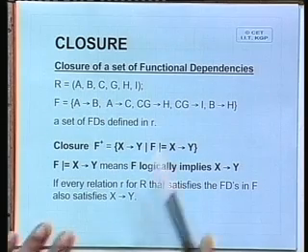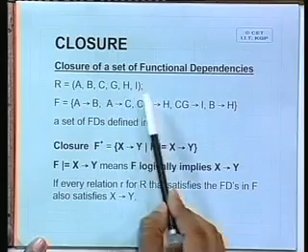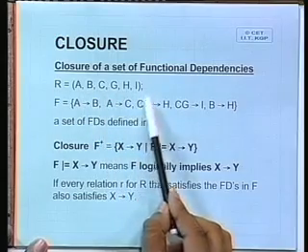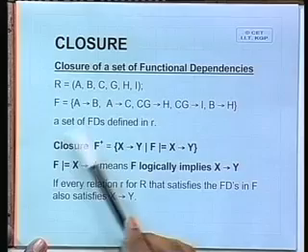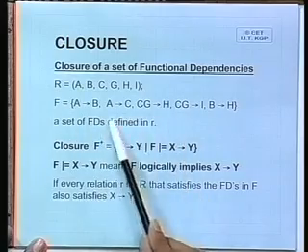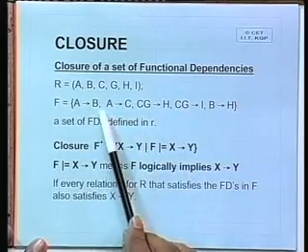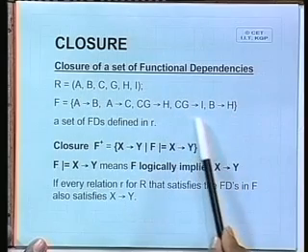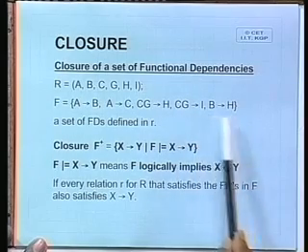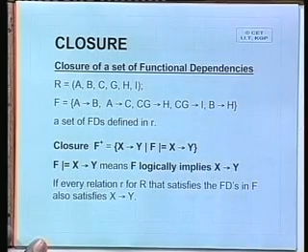So, we have A, B, C, G, H, I, these are 6 attributes which define a relation schema, and these are a set of functional dependencies, that is A determines B, A determines C, CG determines H, CG determines I, and B determines H. Okay.